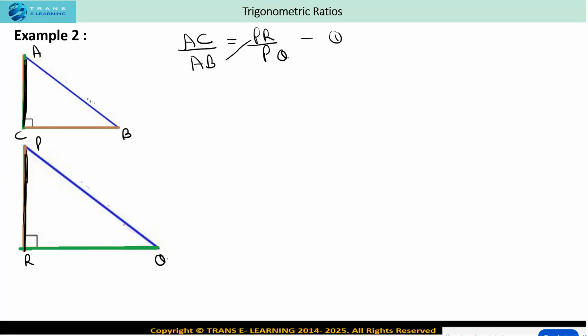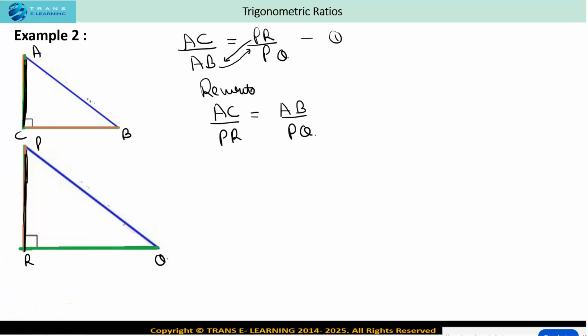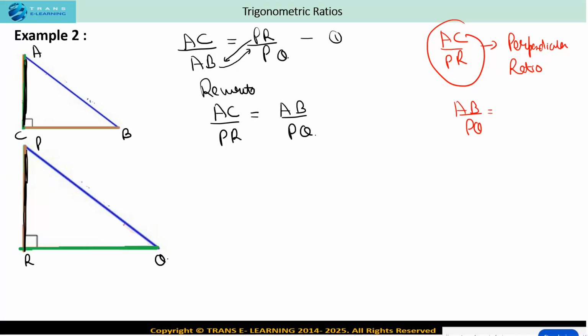I am going to take PR here, and I'm going to take AB on the top. I'm going to rewrite it because I'm taking the similar ratio, that is AC upon PR is equal to AB upon PQ. AC upon PR is the ratio of the perpendiculars of both the triangles, and AB upon PQ is the ratio of the hypotenuse, right?